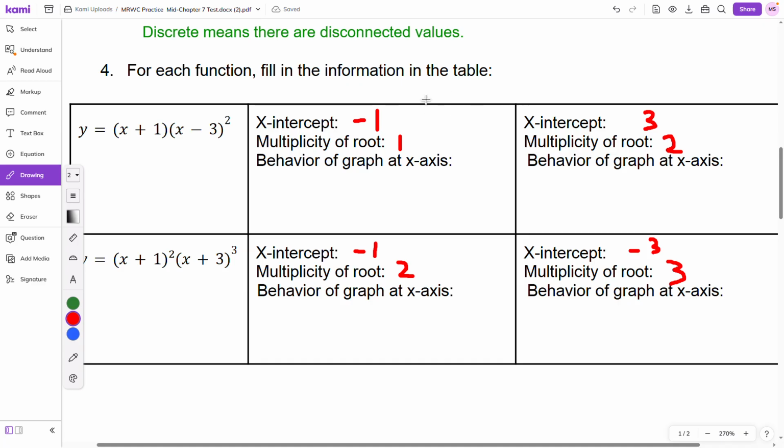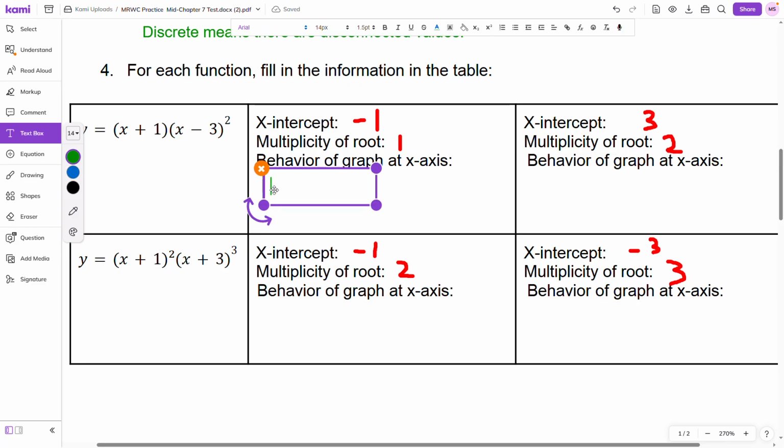And what does it do when it hits the x-axis? This one here goes through. Excellent question. How do I know that that one goes through? Well, if it has a multiplicity of 1, it goes through. I suppose there's a little bit of experience involved.